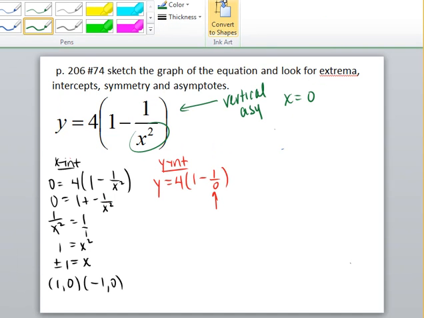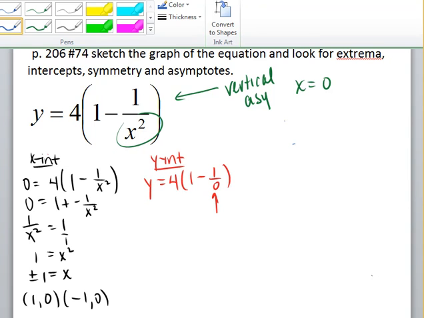And then lastly, I would have a horizontal asymptote. I'm going to take the limit as x approaches plus or minus infinity.